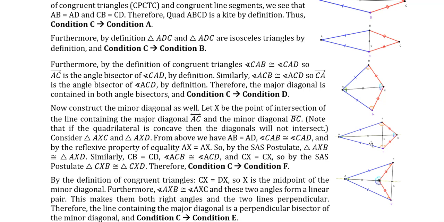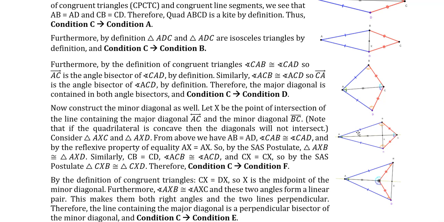Once you know that ABX is congruent to ADX, that means that corresponding parts of congruent triangles are congruent, so DX is congruent to BX, and we see that X is the midpoint of line segment BD, the midpoint of the minor diagonal. So we know the major diagonal, or at least the line containing the major diagonal, bisects the minor diagonal.